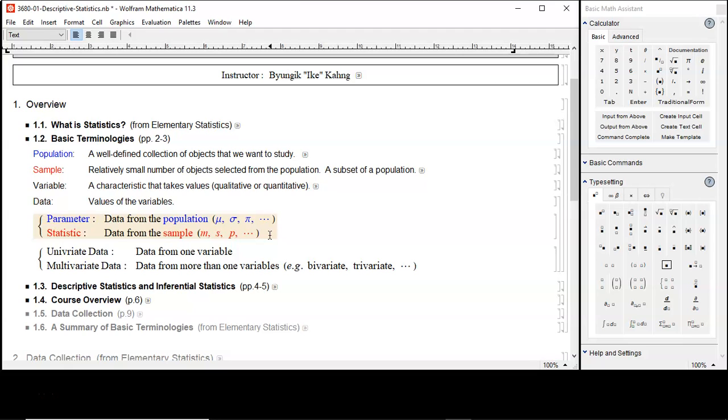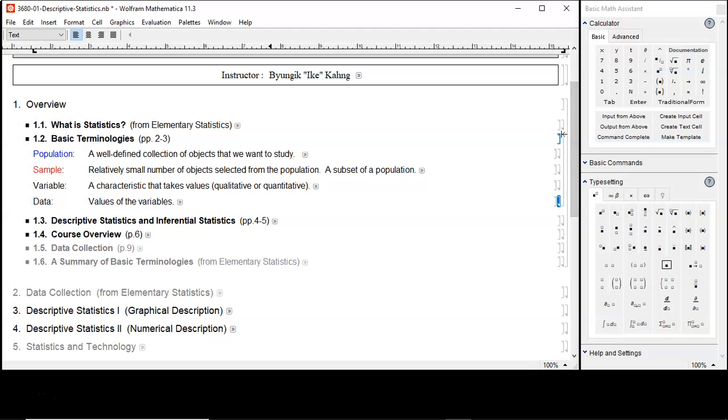Parameters are typically represented in Greek letters, and statistics are Roman letters. As for the examples, I'm sorry I cannot show you. We're going to be ready in several sessions later, I think. And when we come to that, I'll come back here and remind you.